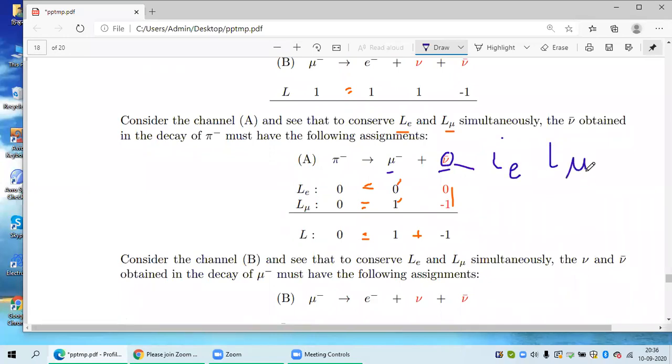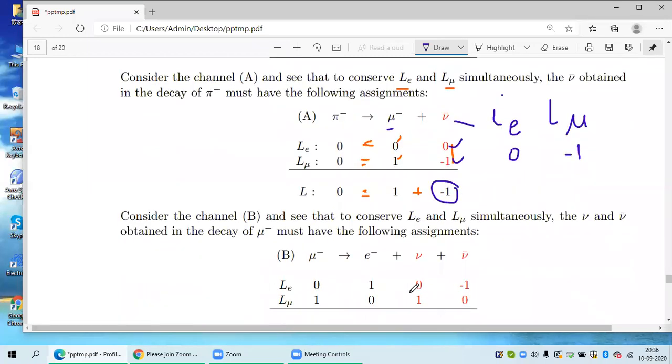It has an Le value 0. Clear? This is a mu bar, total L is -1. So its Le is 0, L mu is -1, its total L is -1, and that's why it is a mu bar.